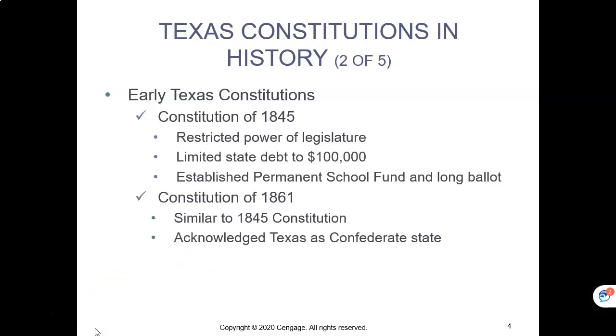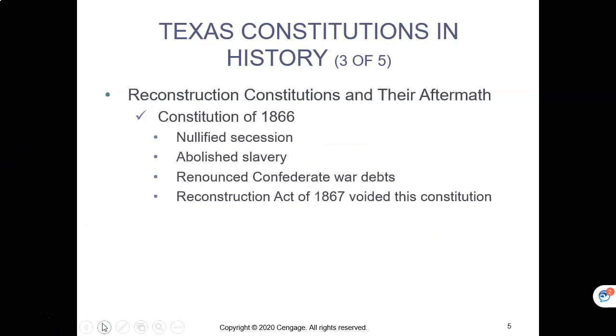Now, there were not a lot of Civil War battles fought on Texas soil, but many Texans did fight in the war. And eventually, the Confederate States of America lost the war.